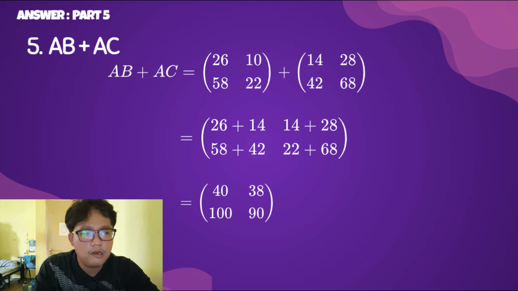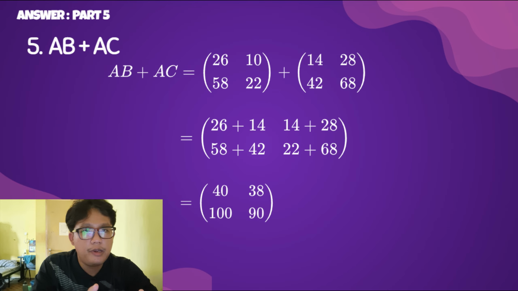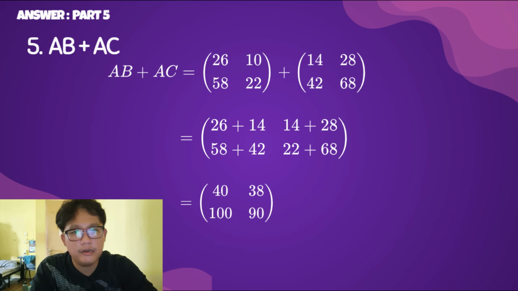Then for the answer of AC, in column number 1 we put the number 40 followed by 42, and in column number 2 we put 28 followed by 68. Then, after we collect the parts, we combine them following the formula with the plus.